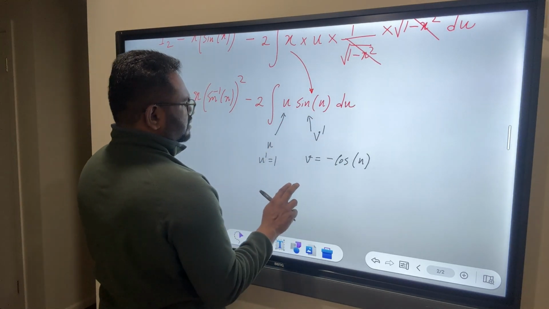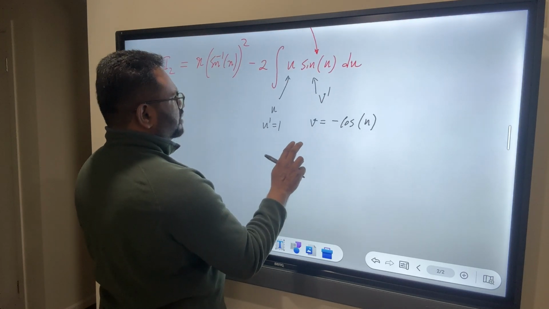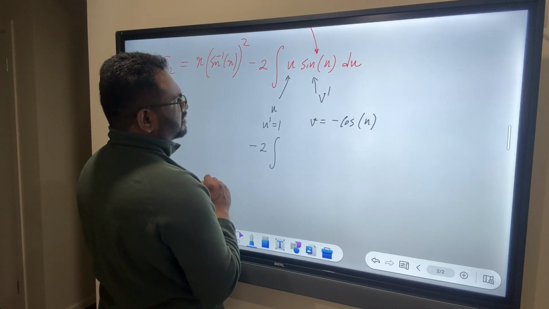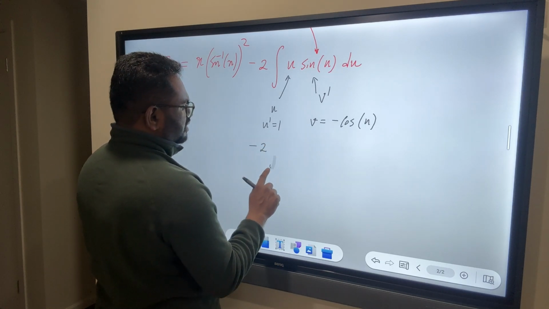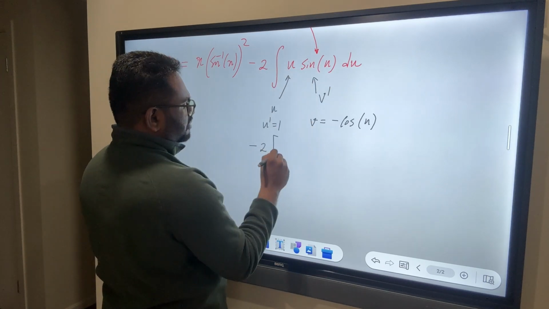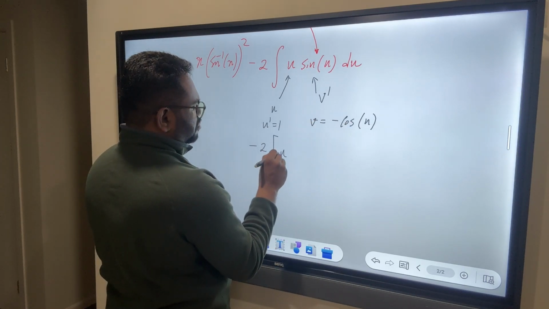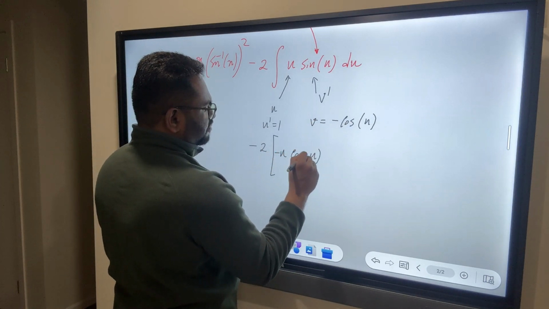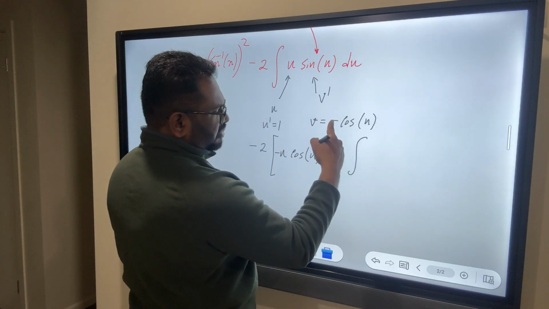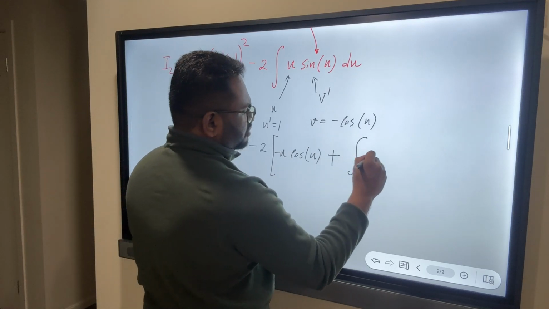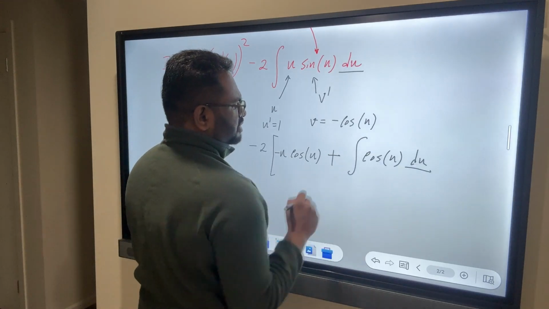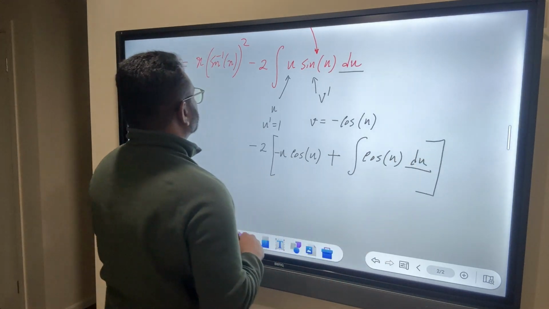Okay, let me write the by parts now. So this is equal to uv. So u is going to be this, v is going to be minus cos u, then minus the integral of u prime and this guy. So minus and minus is going to be positive. So you are going to have cos u and then du.